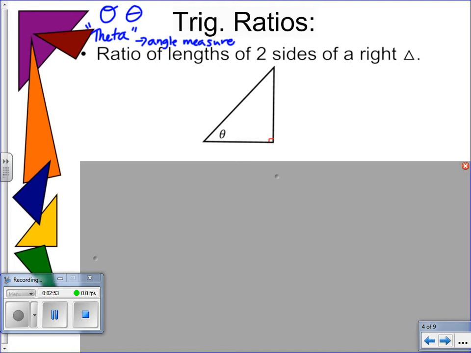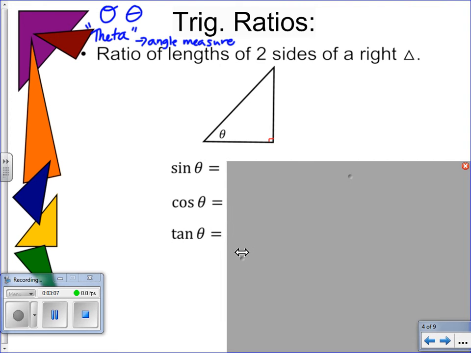Now, does anybody remember what the 3 trig ratios are that you already know? Faith? Sine, cosine, and tangent. Excellent. Remember that when writing out the trig ratios, sine, cosine, tangent, there's always something that comes behind them.